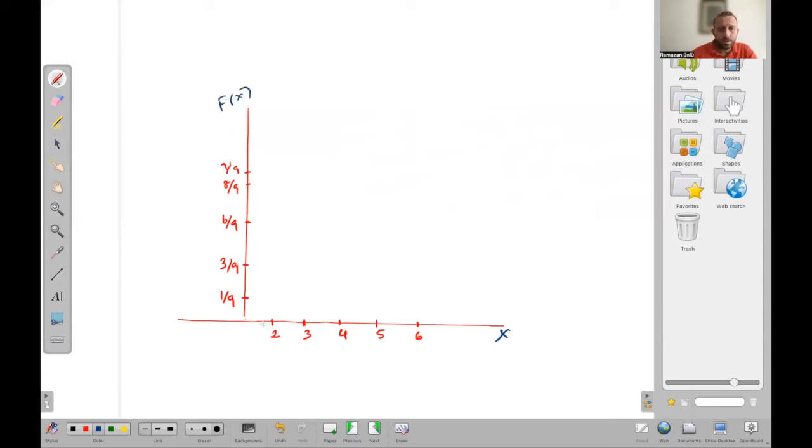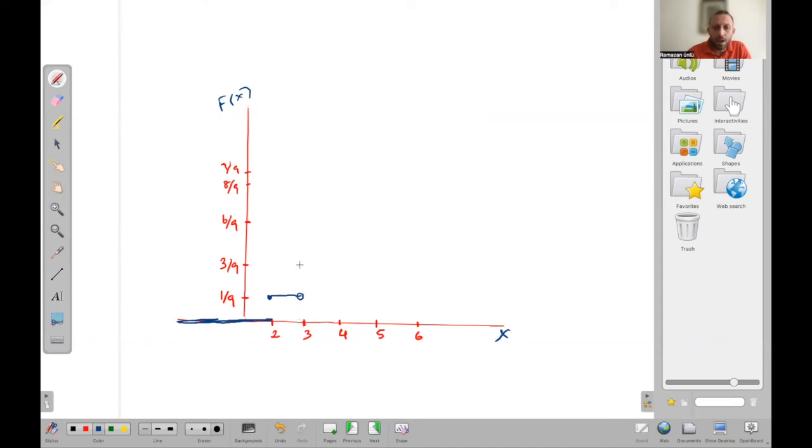So if x is less than 2, the probability is 0, right? If it is greater than or equal to 2, it will jump to this point, and the probability will be 1 over 9 until the point 3, where 3 will not be included.